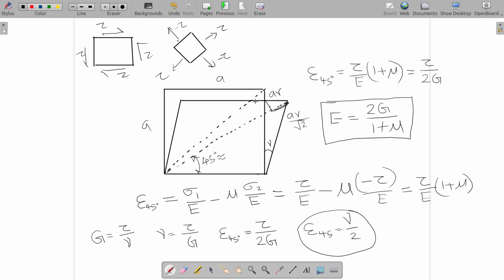This is 45, that is 45, a gamma by root 2 will be this length. This cannot be exactly 45, but assume that this is very close to 45. Now the length of this diagonal will be equal to root 2a, if a is the side length, so diagonal must be equal to root 2a.